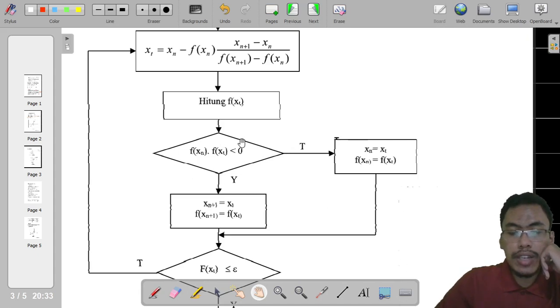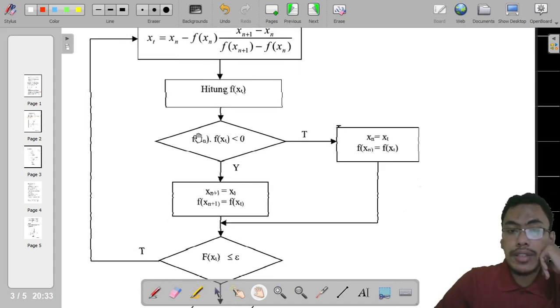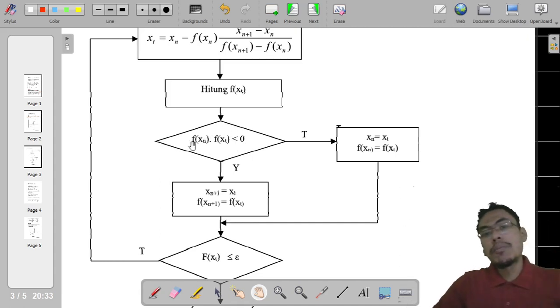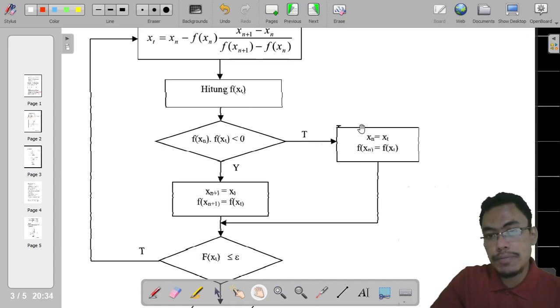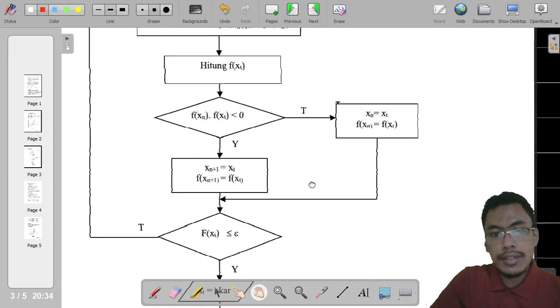So in this step we have two conditions. If your calculation satisfies this situation, then you go to this point, and if not, you have to move to the other condition.